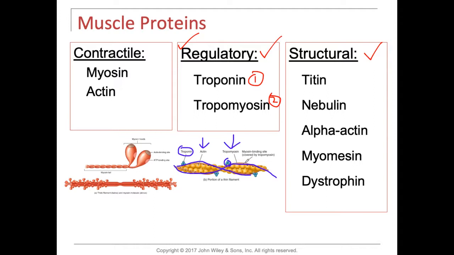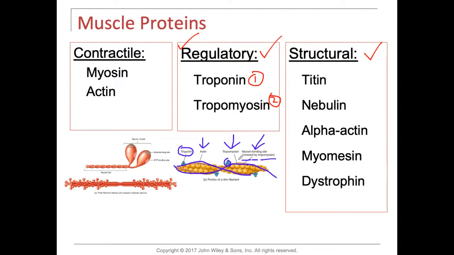And tropomyosin is covering these binding sites. We see here myosin binding sites that are covered by tropomyosin. Now, if the tropomyosin was not covering the binding sites, then the binding sites would be exposed.